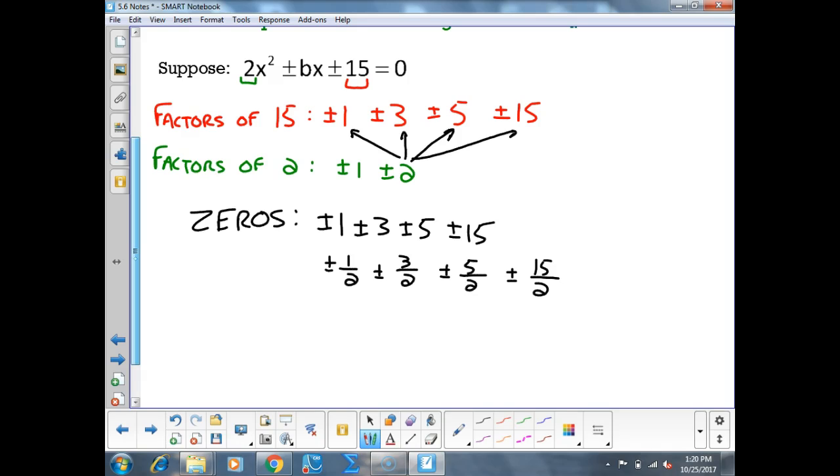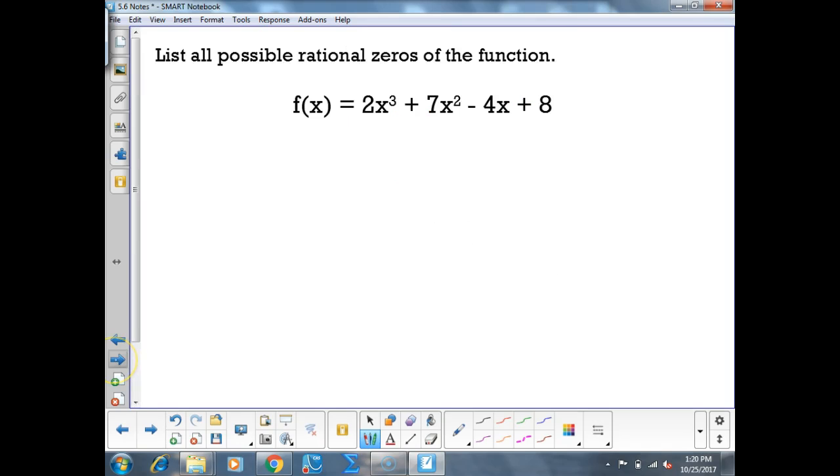From that list of 16 now, we're going to find the 2 that make this work. And then we'll go from there. Okay? All right. So let's try it on a grander scale. What I would like you to do now is list me all the possible rational zeros of this function.